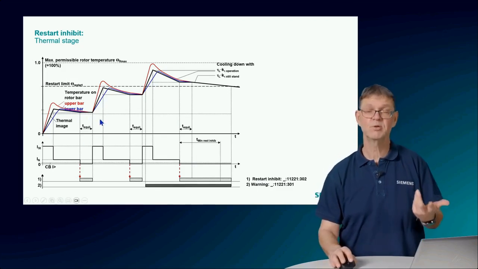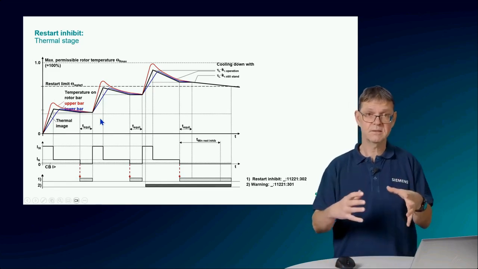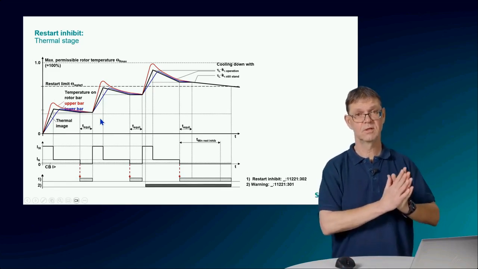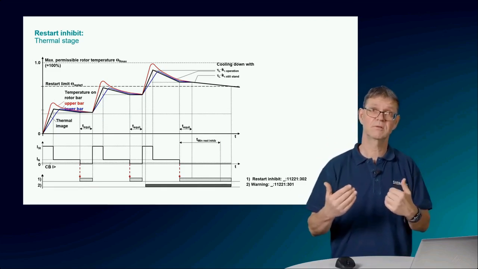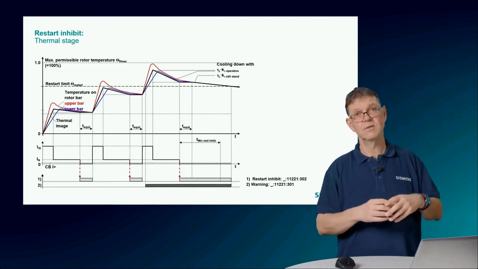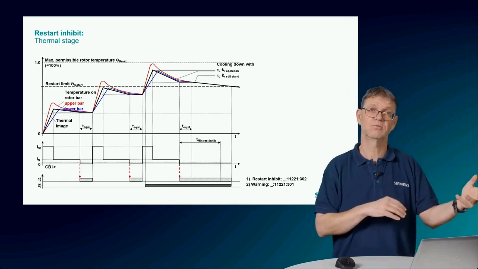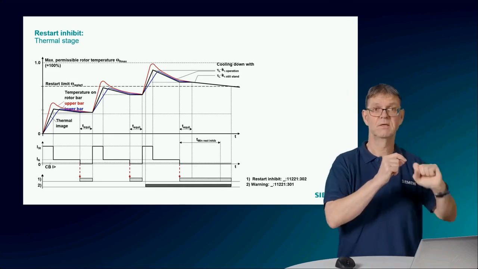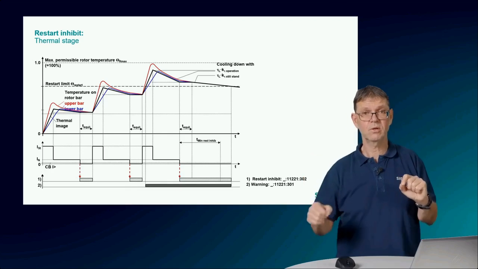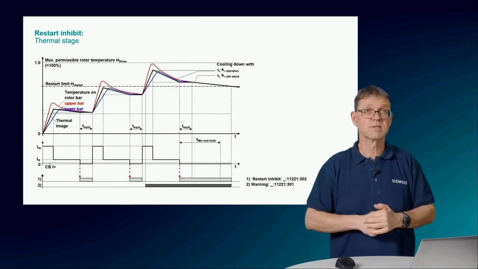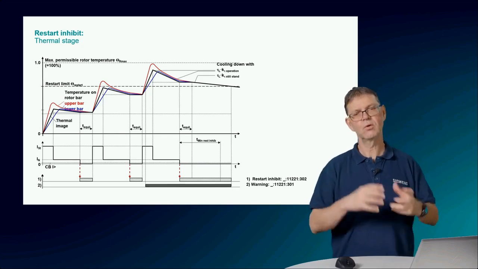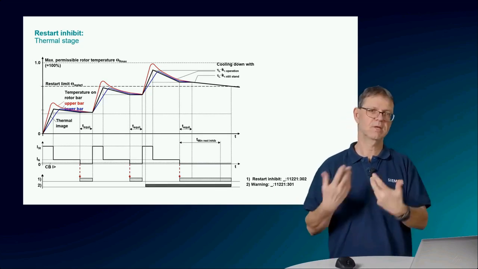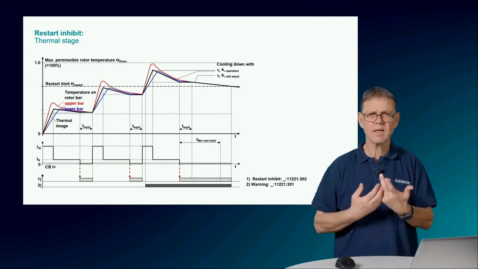So in this equilibrium time, the idea is that we give the whole system a certain time to recover, to balance out the temperatures, where it's higher on the upper bar of the rotor bars, or where it's lower on the lower bar, so that these temperatures can balance out a little bit before we go and count down or count up the temperature again.